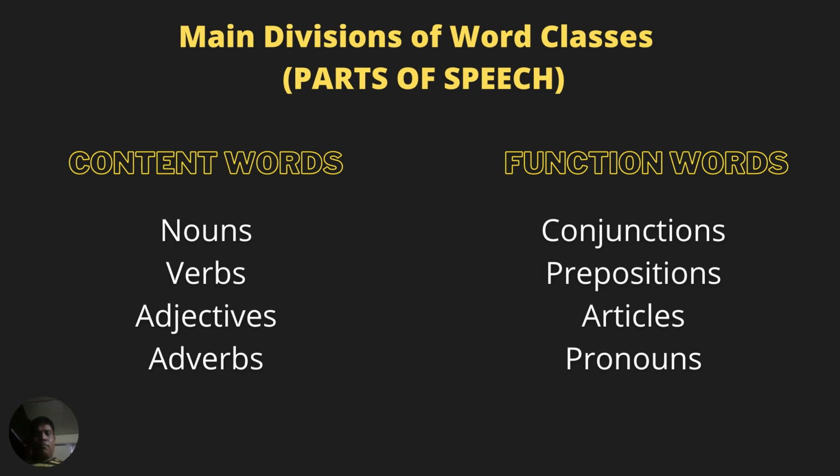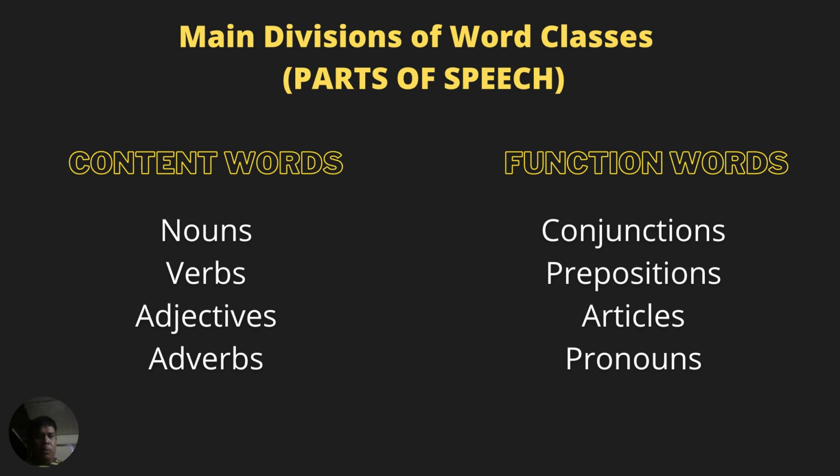In this case, the content words can be attached by other morphemes, and this will derive new words and new meanings. So nouns, verbs, adjectives, and adverbs can easily be attached by other morphemes.